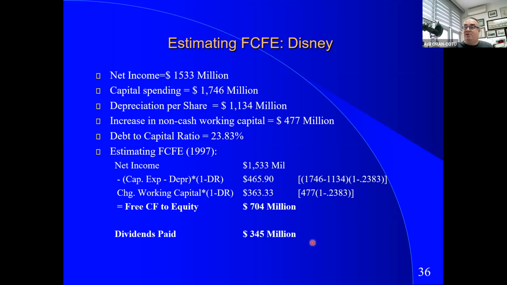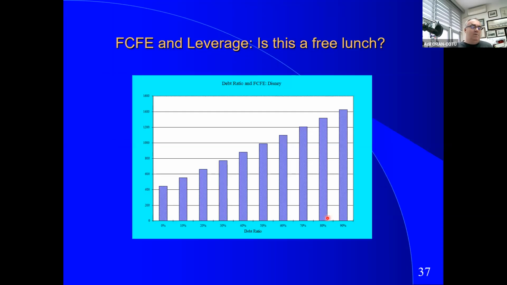Which one should you use in your valuation? Free cash flow to equity would be the correct amount to use. Well, what if, as the debt ratio goes up, my free cash flow to equity is automatically going up? So look, if the debt ratio were 0%, we'd have this.